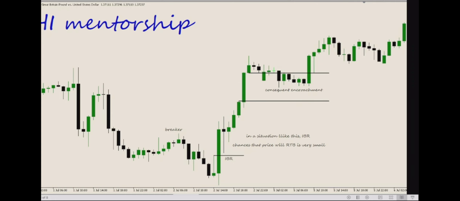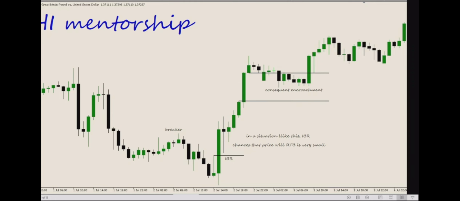And I'm not saying this because I want you to feel like I am one ICT guru. What I'm trying to say is, if price is not going to come down, look at this breaker here. I would know, and I will not expect it to, and it will not. I'll take my buy here, and it will buy.